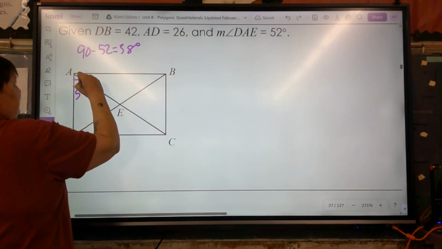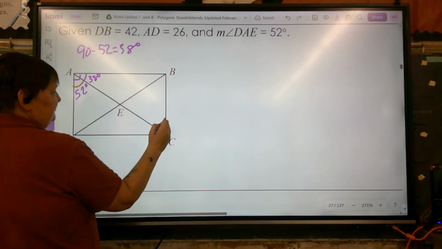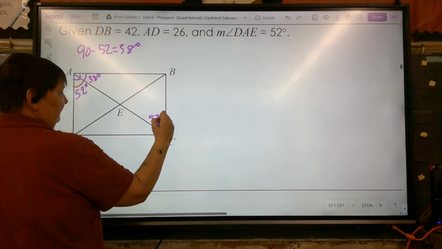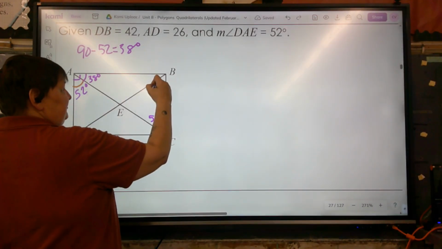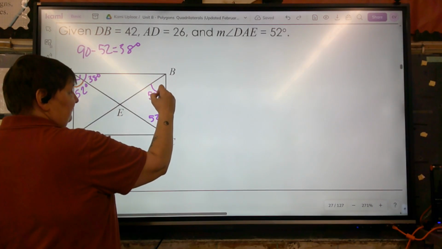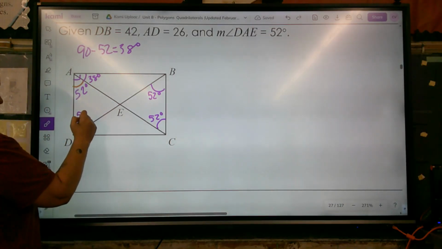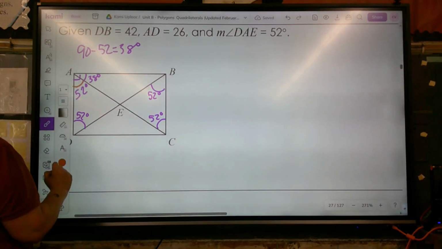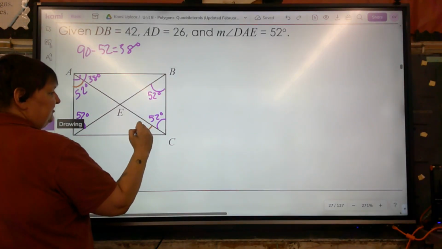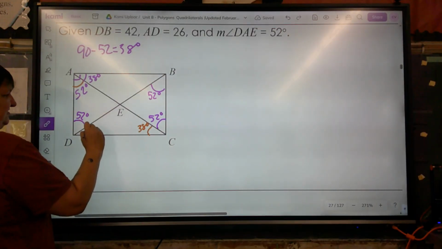So that means this piece is 38. If this piece is 52, this piece is 52. We're still dealing with isosceles triangles. So if this piece is 52, this piece is 52. If this piece is 52, this piece is 52. If this piece is 38, this piece is 38. Alternate interior. If this piece is 38, this piece is 38.